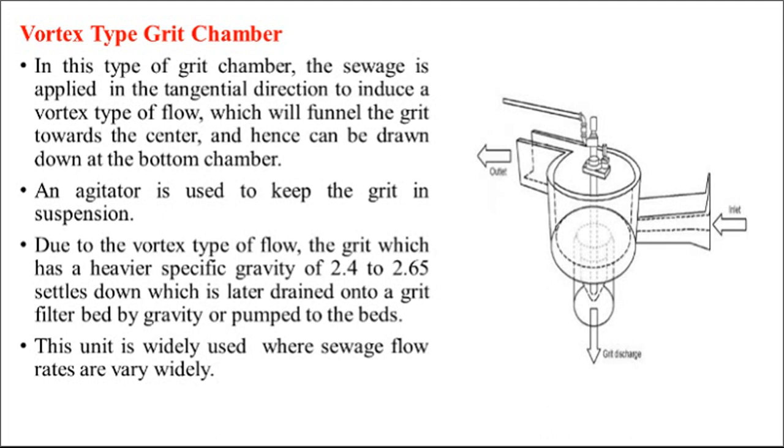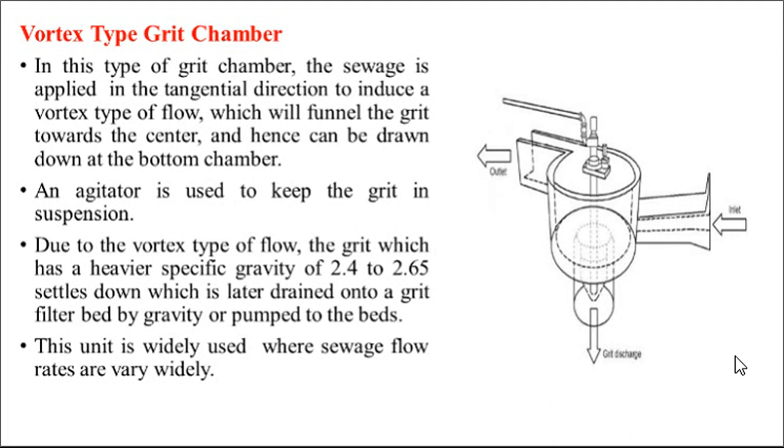Due to the vortex type of flow, the grit, which has a heavier specific gravity of 2.4 to 2.65, settles down, and is later drained out to a grit filter bed by gravity or pumped to the beds. This unit is widely used where sewage flow rates vary widely.